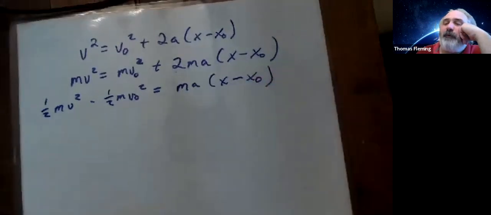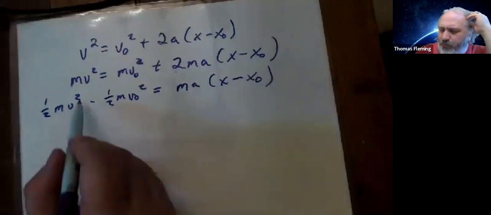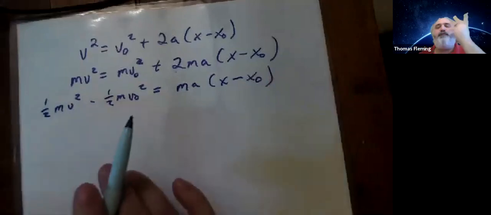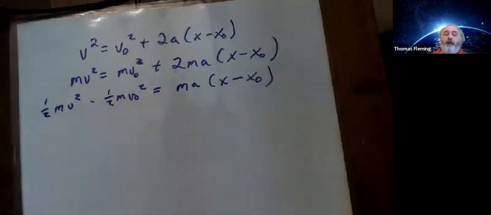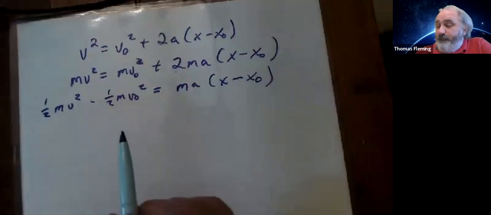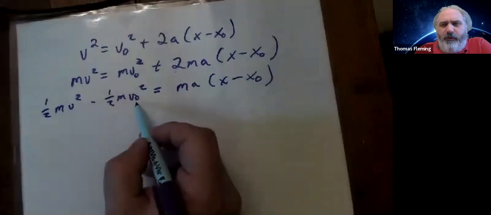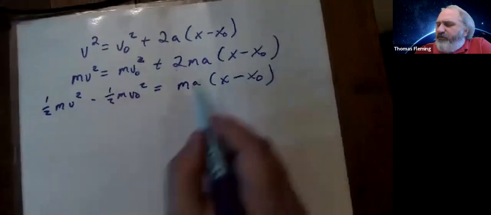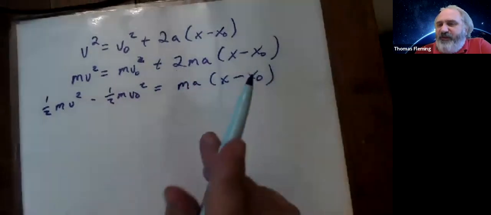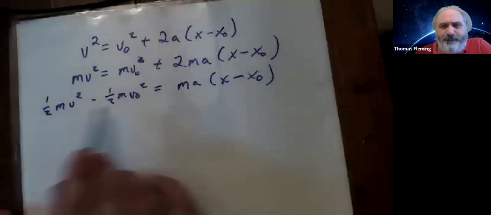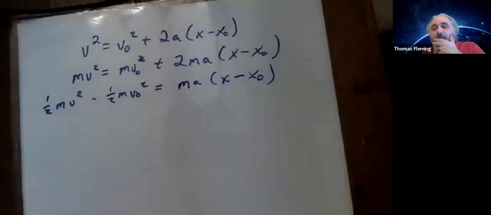Now, what I see here is that on the left-hand side, I've got this weird expression, this 1/2 m v squared expression. But obviously, that's related to my velocity, right? This is the velocity I ended up with. That's the velocity that I started with. So somehow, all this stuff over here is related to how much my velocity changed by. Okay.